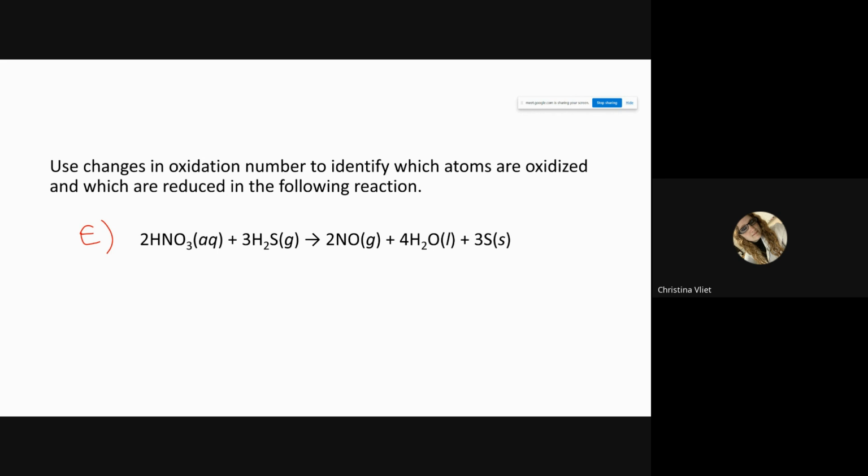It says identify what has been oxidized and what has been reduced. Same question. Like I said, what makes the question harder or easier is really just how difficult or easy it is to pull the oxidation numbers. For HNO3, you've got that situation where you've got 3 elements in a compound.